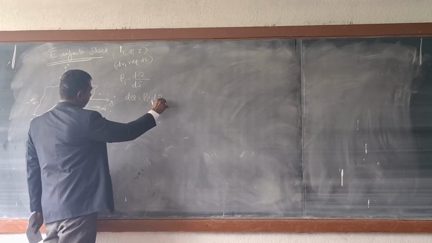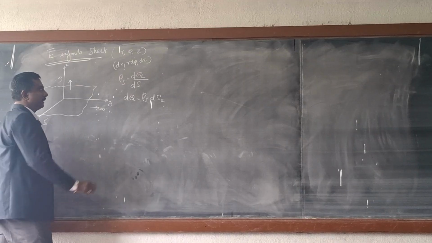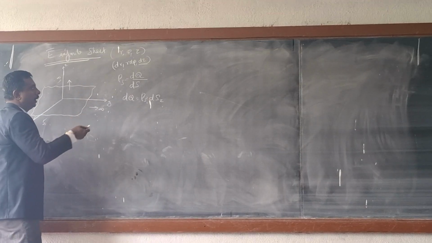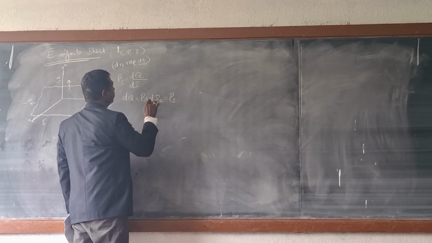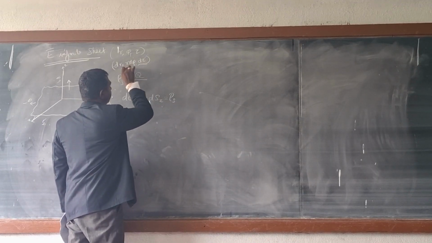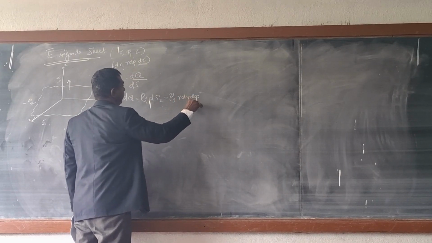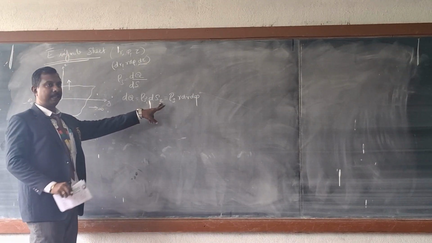If it is along z, you can put ds as ds z. How to find ds z? You remove that z component alone, and you multiply the remaining things. So the equation becomes rho s, multiplying these two, r dr d phi.